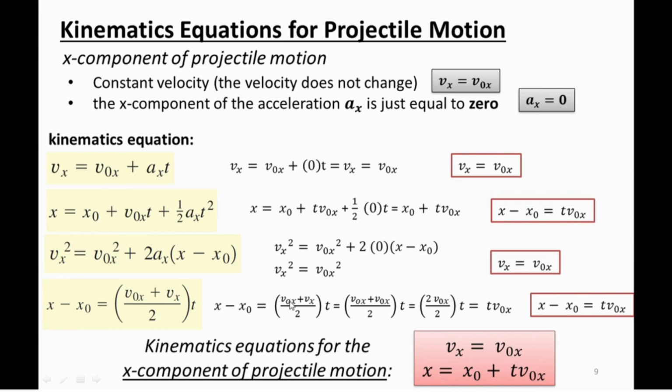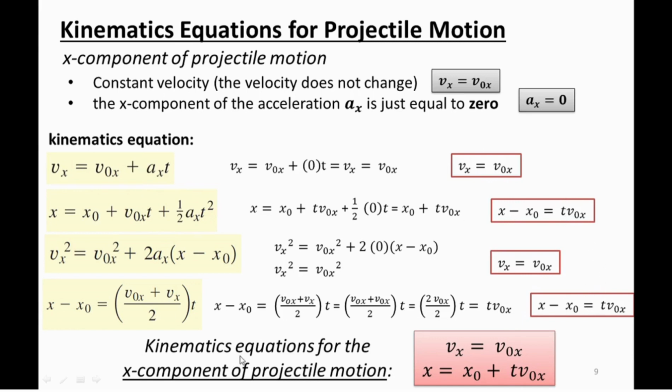So we will have 2 times the initial x velocity divided by 2 times t, which will give us the initial horizontal velocity times the time, which is also equal to this. So our first and third equations reduce to this, while our second and fourth equations reduce to this equation.